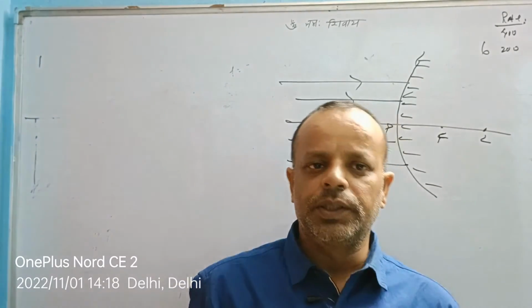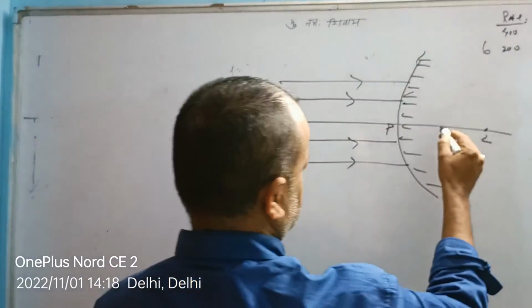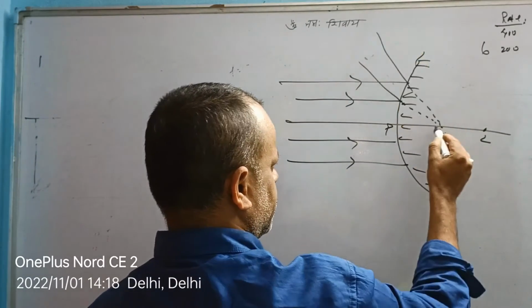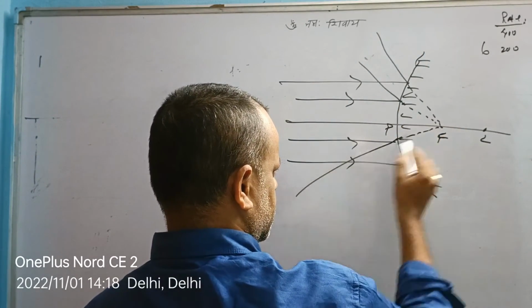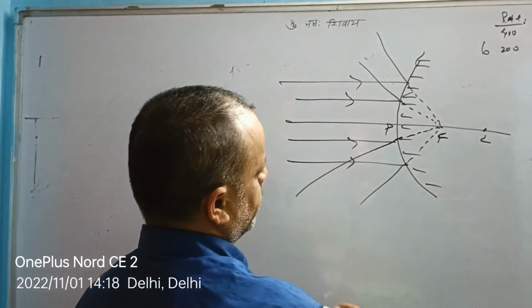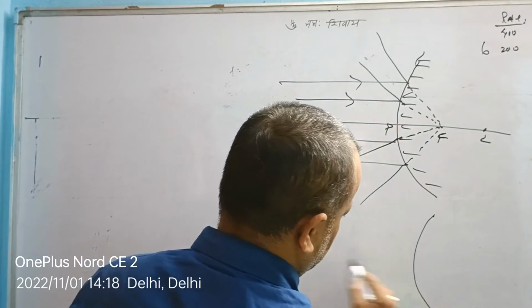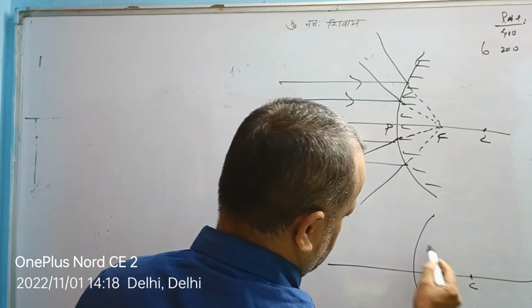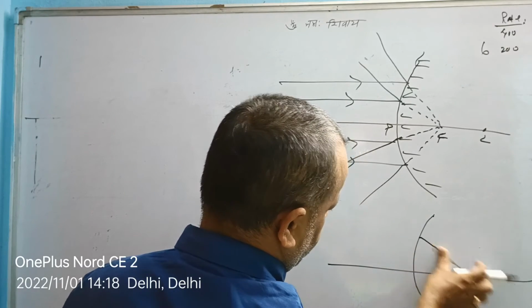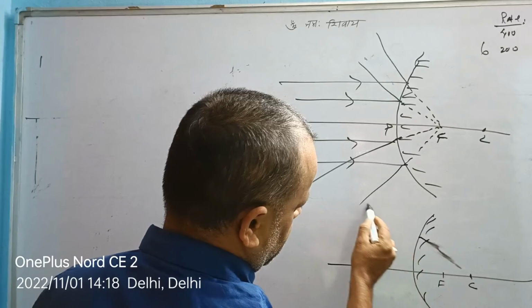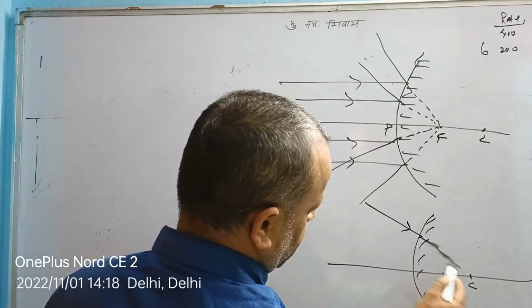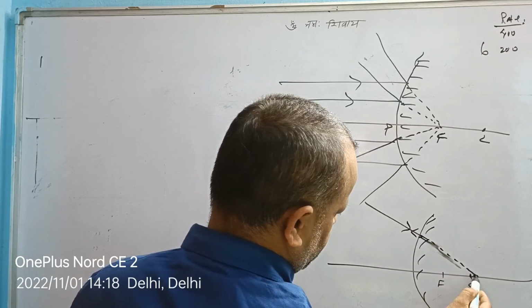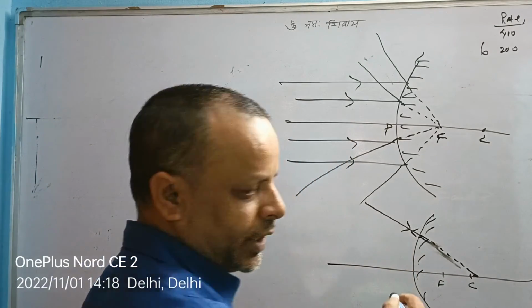They will appear to be diverging from the focus. And suppose we draw a ray directed toward the center of curvature. Then it will reflect back along the same path. It will retrace its path.